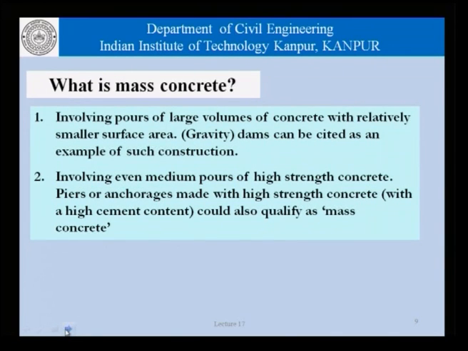And therefore, the situation of mass concrete could arise in cases where there are large pours of concrete with relatively small surface area, and gravity dams can be cited as an example of such construction. It could arise in situations where the pours are medium size, but the concrete is high strength, which entails that the cement content will be high and therefore, the amount of heat liberated is going to be large.